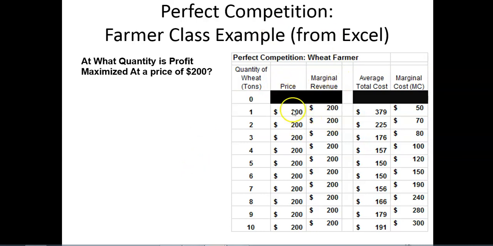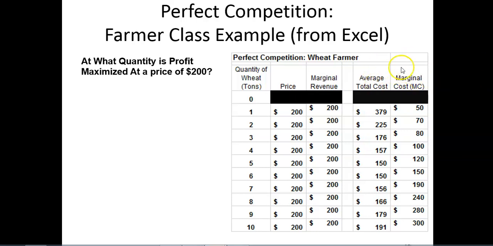So I've included in this table some of the key revenue information needed to answer this question and to be able to calculate how much profit they're making. There's the revenue stuff, and then also the relevant cost information to determine the quantity they should produce to maximize profit, and then to calculate at that quantity how much profit they're actually making.